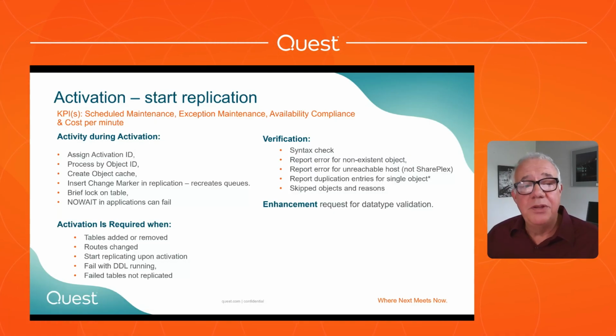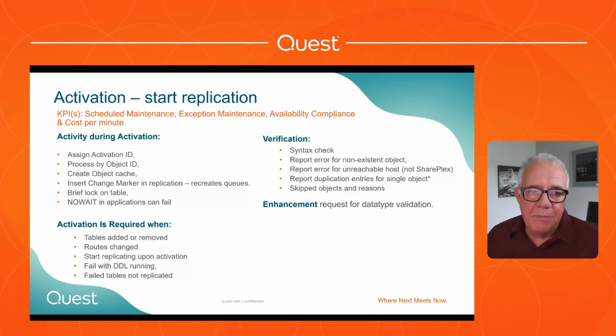Now, when do you have to activate? Well, if you've added or removed tables, or if you've changed where that data is going to go. And when we say route, we mean the target host, the target database, the target schema, the target table name, and columns. So now, replication starts, as I said, I believe I mentioned this, when activation occurs.